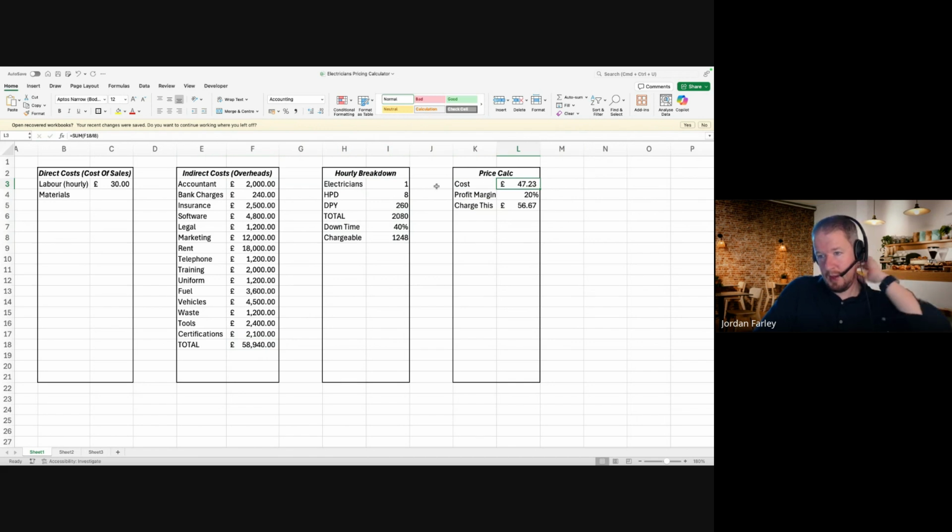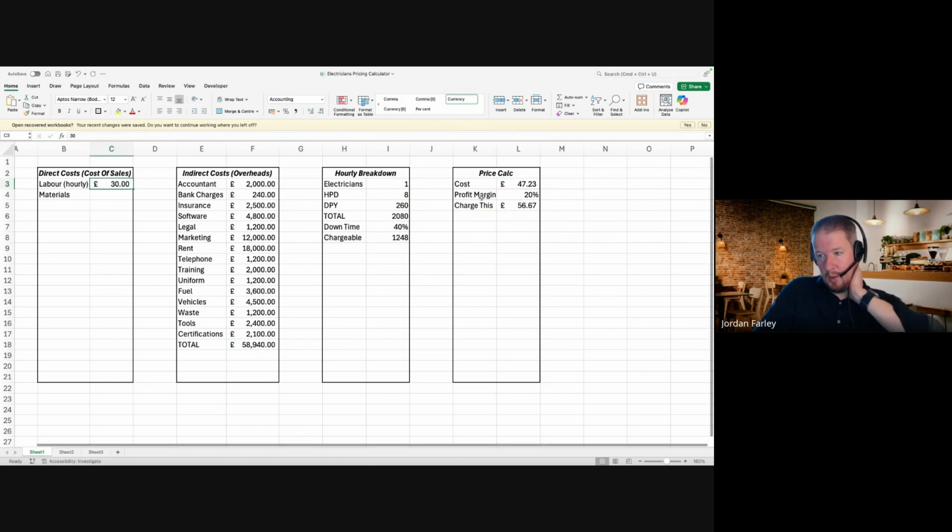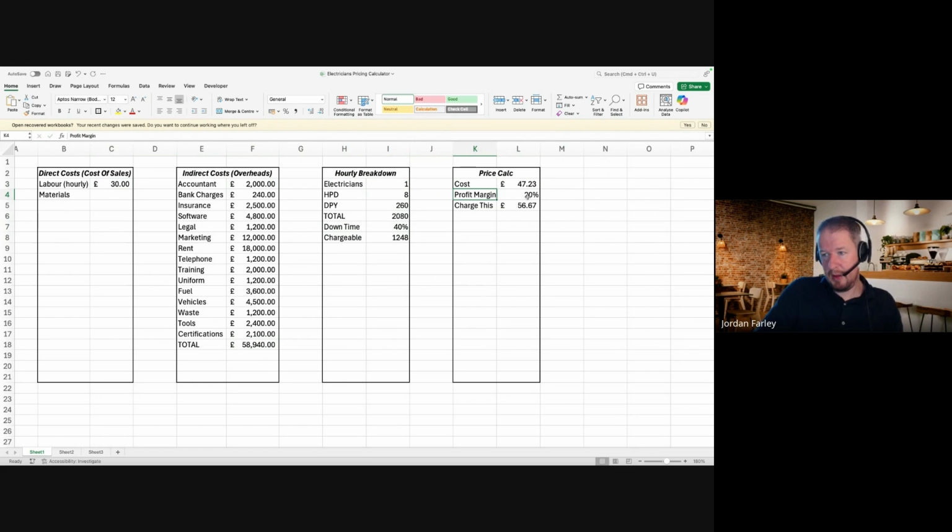Now, you've not factored in labor yet, right? So what I need to do, I've sort of been building this on the fly. So what we'll do is we'll put labor in here, 30, and then we're going to add these two up, basically. So we're going to add another line in here.